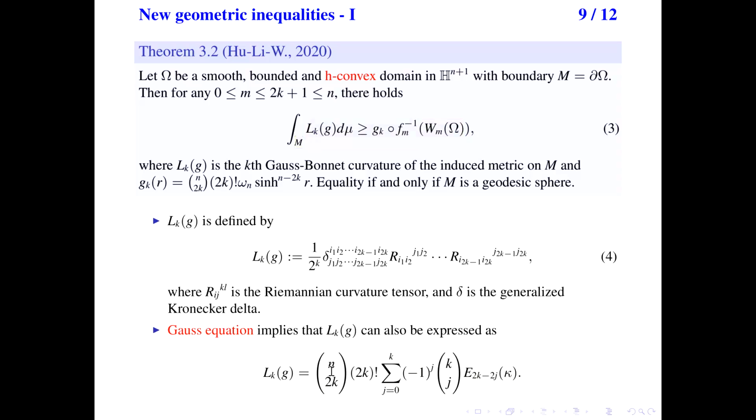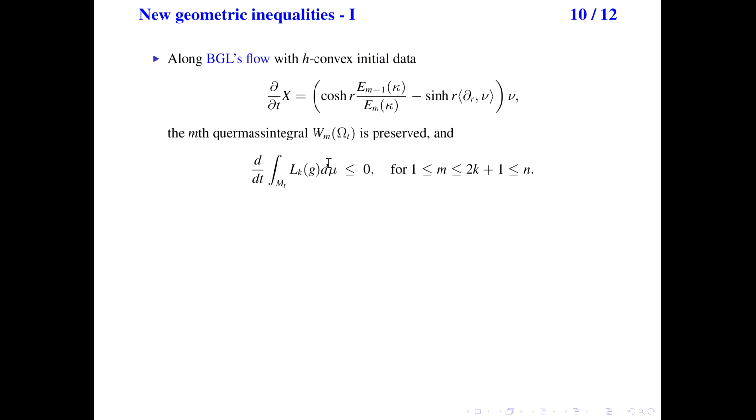Based on this, we just need to calculate the evolution equation of the integration of the k-mean curvature, and eventually we see that along this flow, the quermassintegral W_m is preserved, and the integration of L_k^G is non-increasing, for the index m smaller than 2k+1.